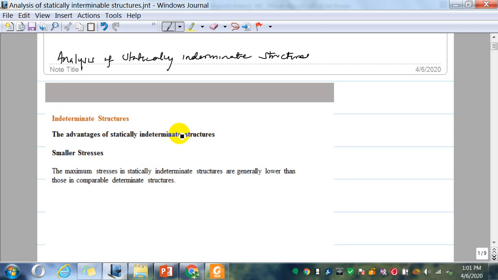So there are various ways that a structure can be approached to reduce the stresses. And the maximum stresses in statically indeterminate structures are generally lower than those in comparable determinate structures.